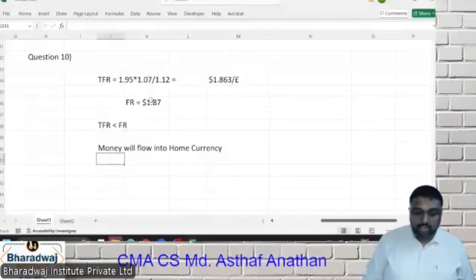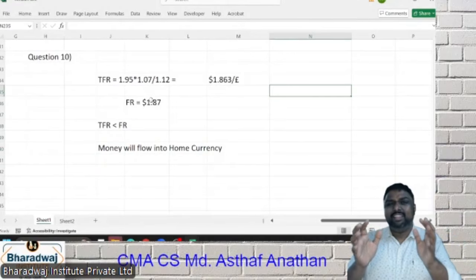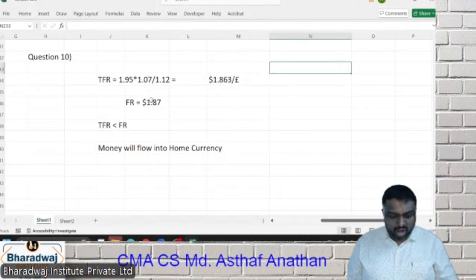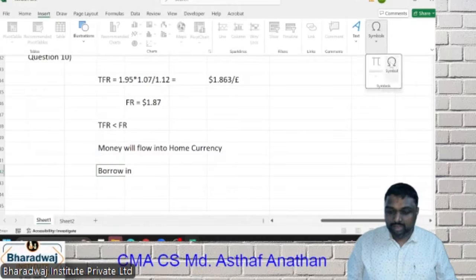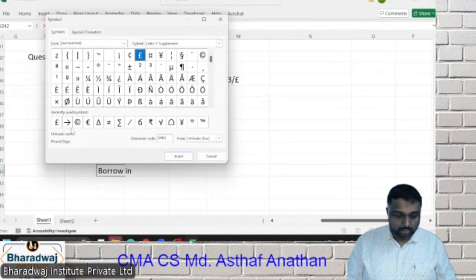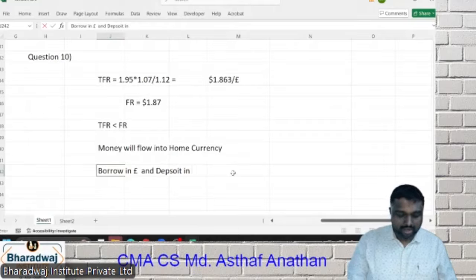So money will flow into home currency, correct? Which is home currency? See, dollar is a numerator, so you will borrow in home currency, in this numerator currency only. So you will borrow in pound and deposit in dollar. That is the point.